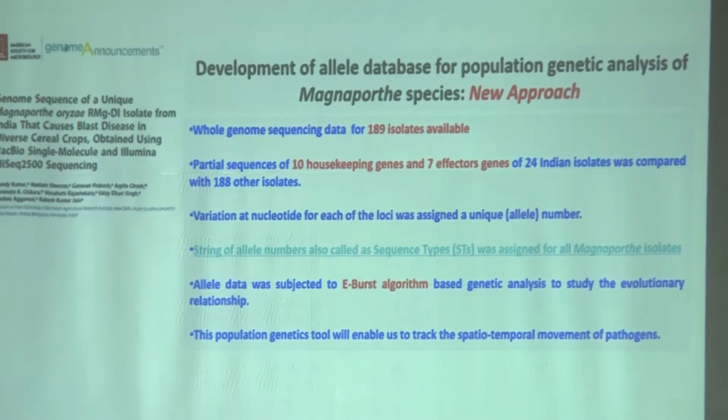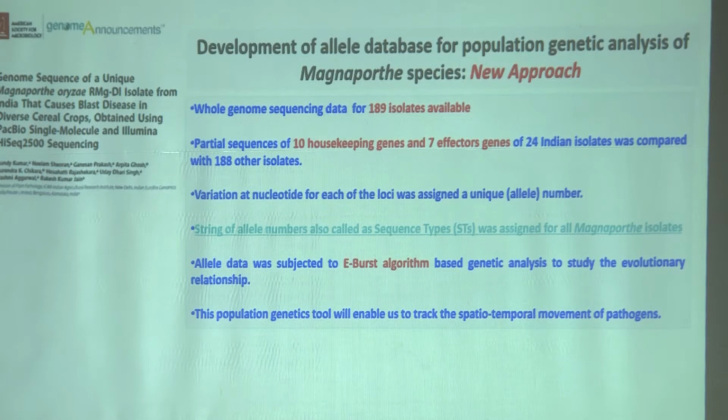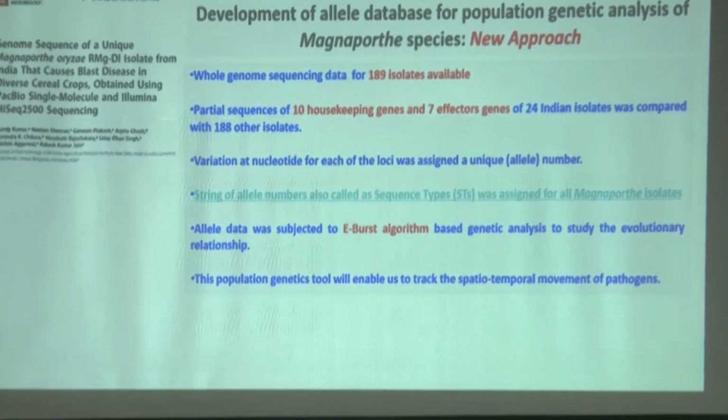The genomic DNA was isolated, primers were designed from the whole genome, primers were validated and sequencing was done. So, once sequencing was done, now you have the data set in your hand. You have 24 data sets in your kitty, and you have 189 data sets from the public domain. In total around 212, a huge population of data sets.